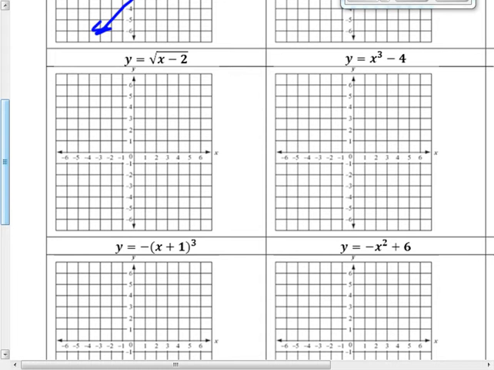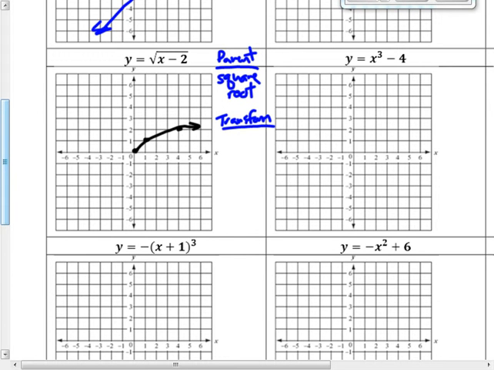Let's keep going down. I've got a square root, so the parent here is a square root. And my normal parent square root looks like this. Then I took that parent function, and my transformation is that I subtracted 2, and again it's on the inside, underneath this square root.